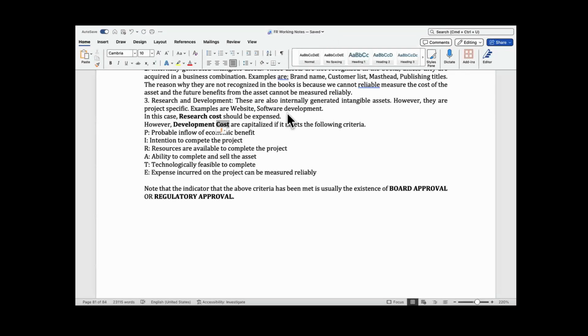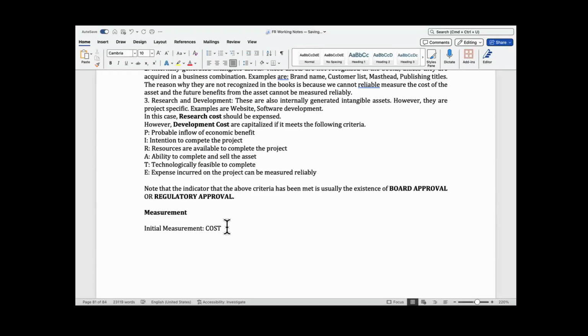Now, the next one is measurements. When you have now recognized these assets, depending on how you acquire it, you then need to measure it. Like I've told you before, there is initial measurement. It's the same thing as what you learned under PPE.